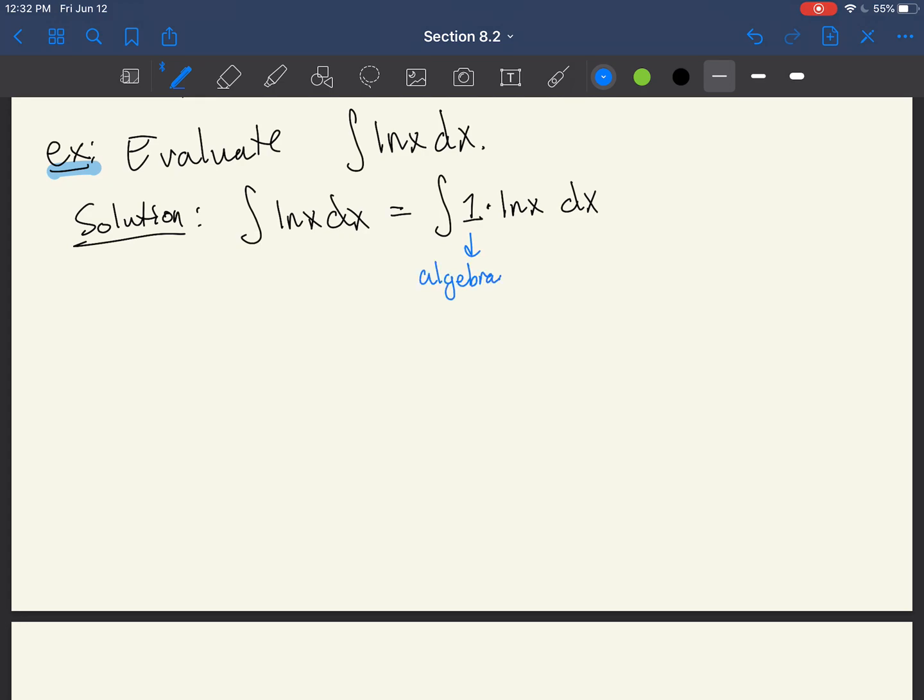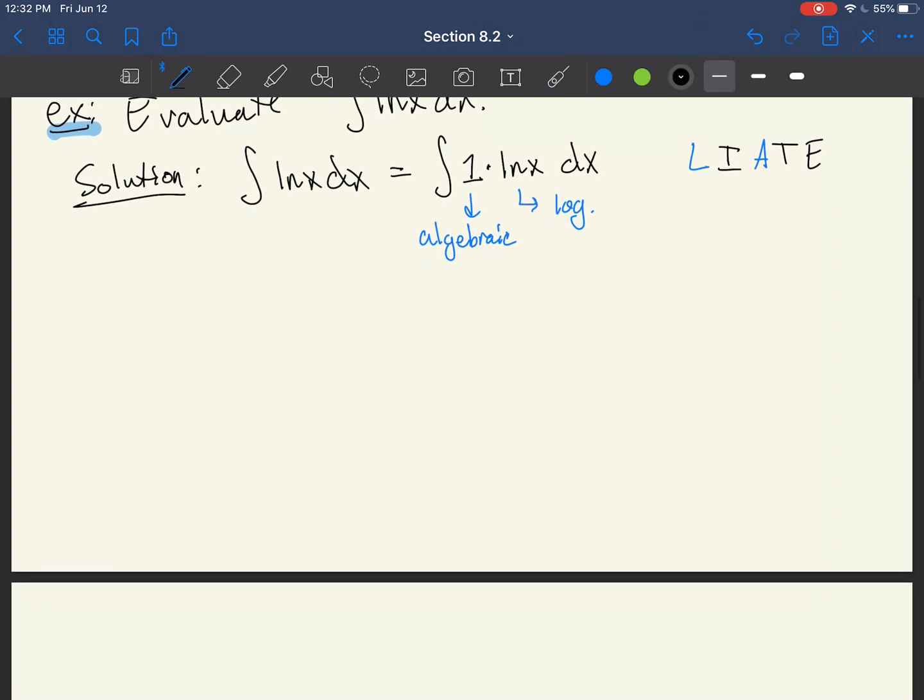1 is an algebraic expression. It is 1 times x to the 0. And natural log of x is a logarithmic expression. So when looking at LIATE, we have L, I, A, T, E. We have L and we have A showing up.